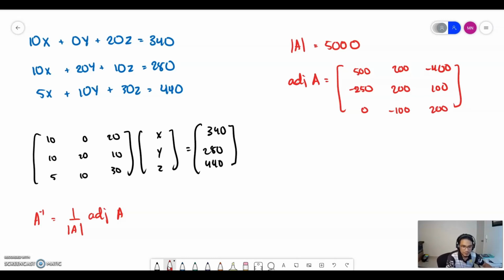Okay, so from that we can find the A inverse is equal to 0.1, 0.04, negative 0.08, negative 0.05, 0.04, 0, negative 0.02, and 0.04.